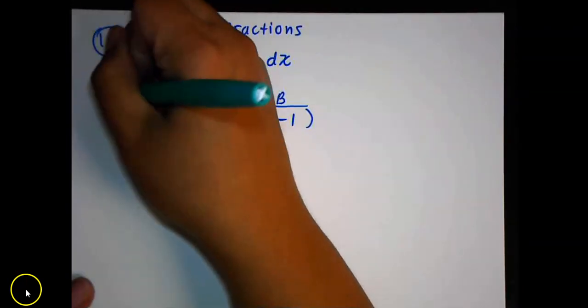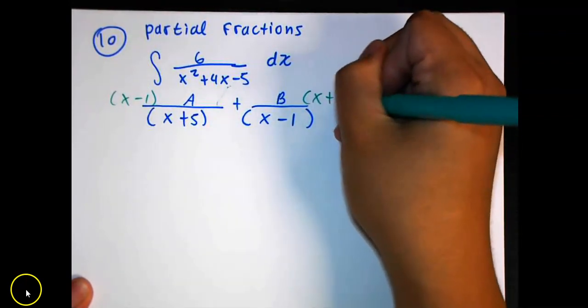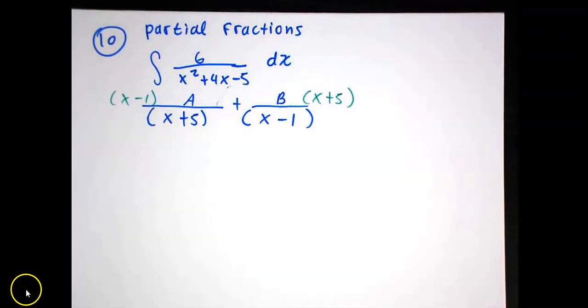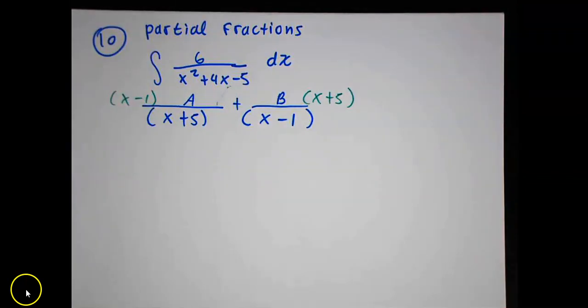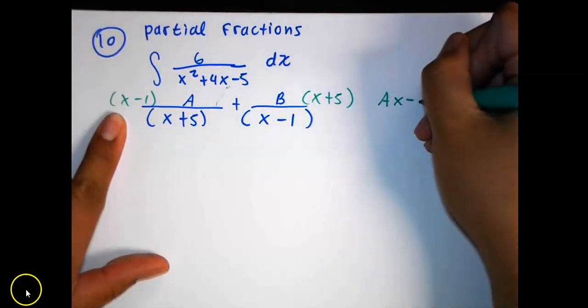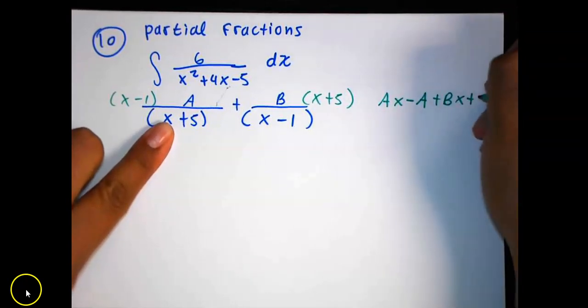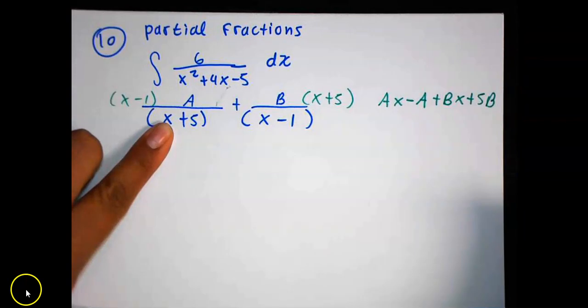So this one's missing the x minus 1, and this one the x plus 5. So we're going to distribute. I have ax minus a plus bx plus 5b.